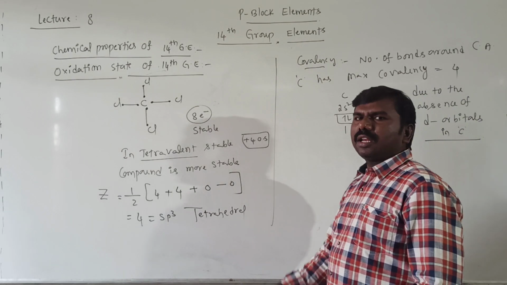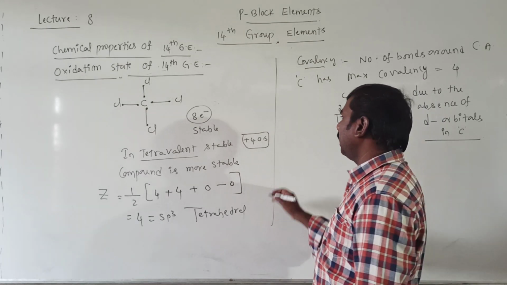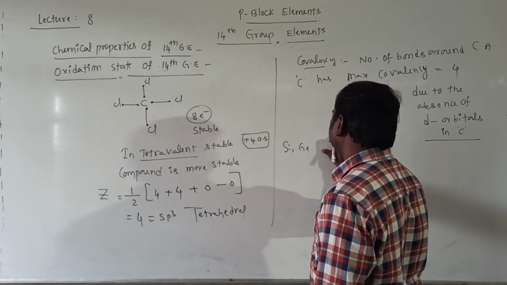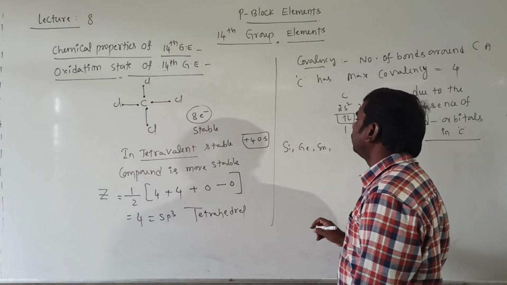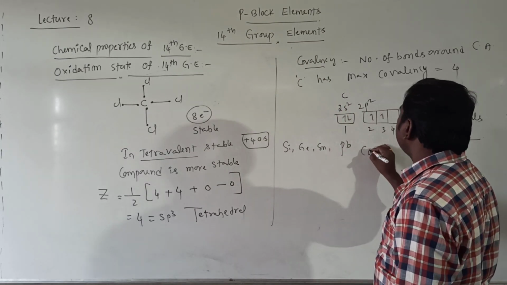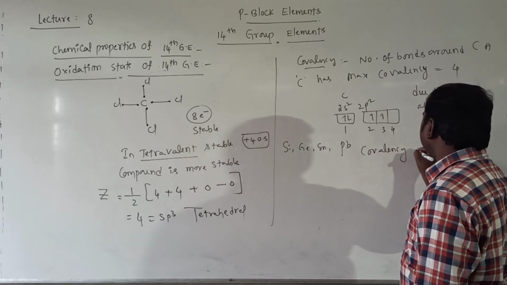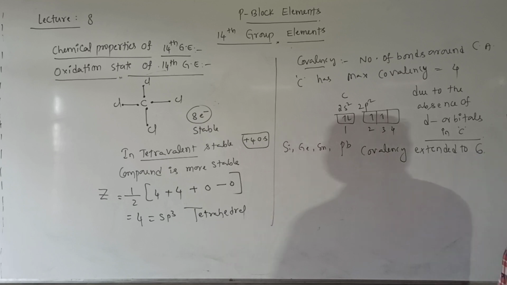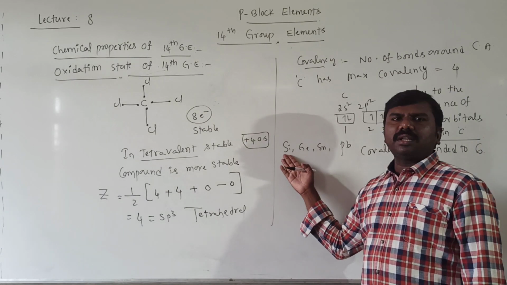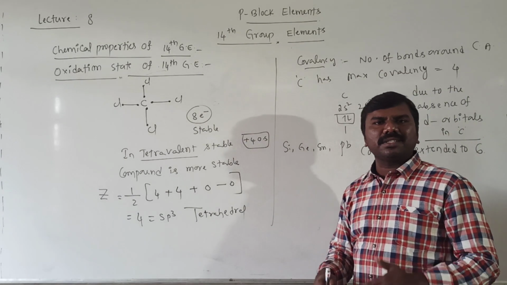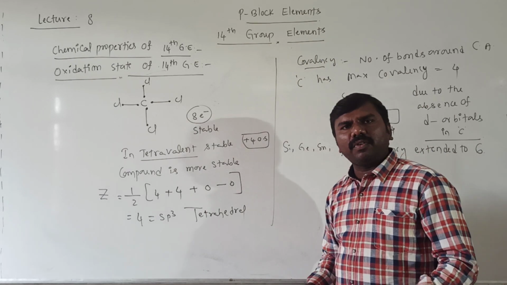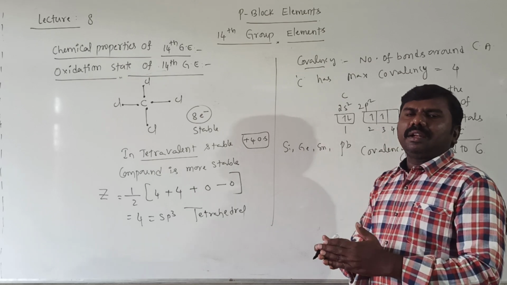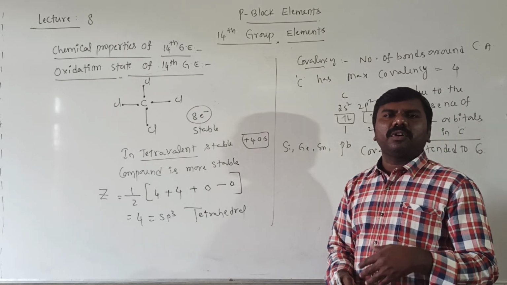Next, for other elements like silicon, germanium, tin, lead, covalency is extended to 6, because silicon is 3s2 3p2, the third shell contains d orbital, fourth also 4d, fifth also 5d. Due to the presence of d orbital, the number of bonds can be more.